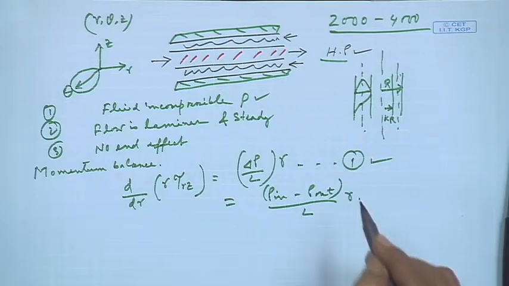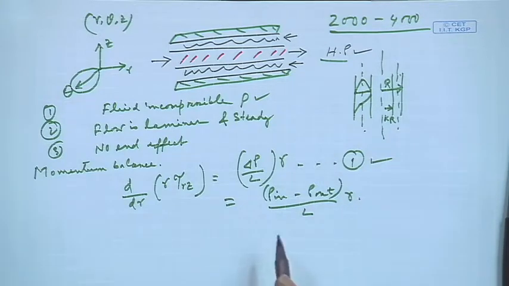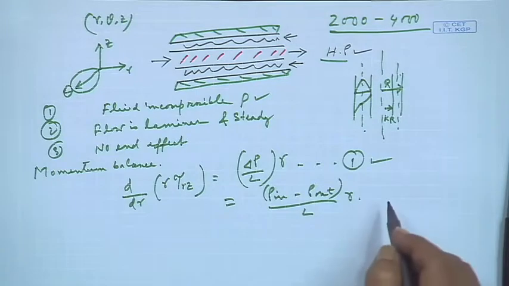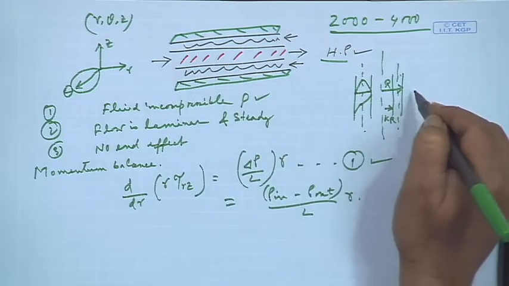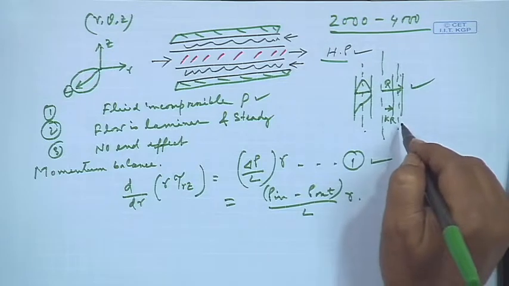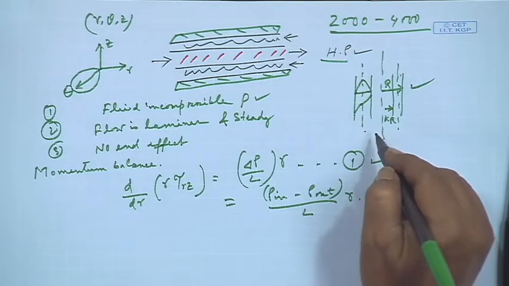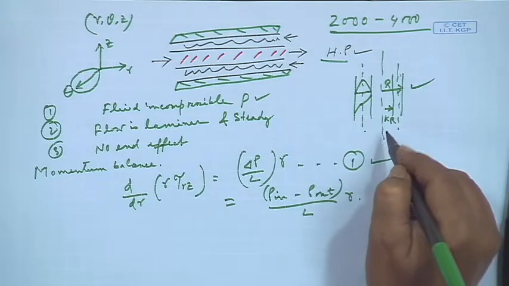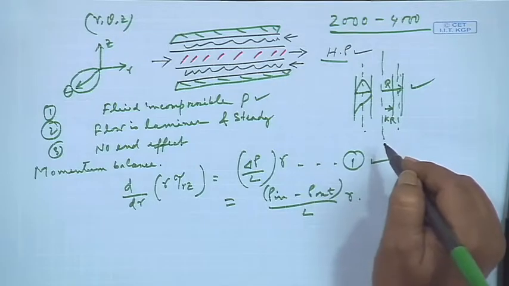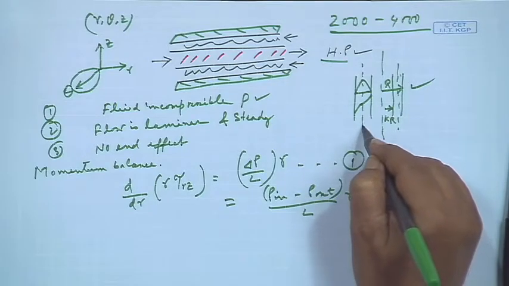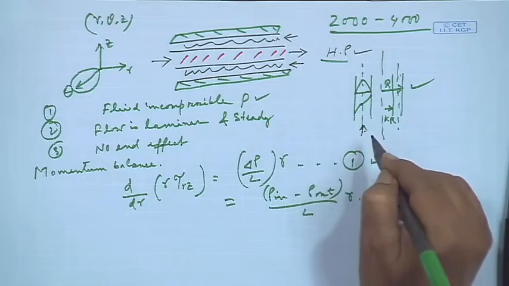Now here this P, as I said, the moment we are taking vertical, depends on the flow, and if you remember we said that the flow will be in the z direction.